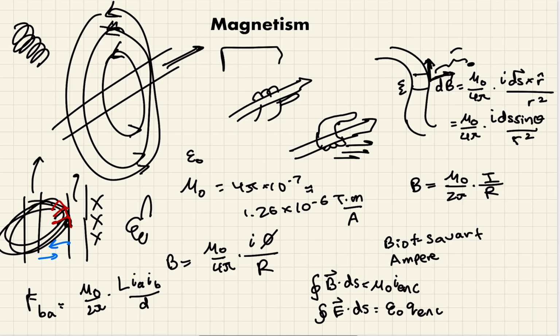And so if you take the cross section of the solenoid, where each of these is a different coil, you find out that the magnetic field is going to be mu naught times N, which is the number of coils, times I over h, where h is the length you're looking at. So h entirely depends on the cross section you're looking at, but we'll get to that in a second.